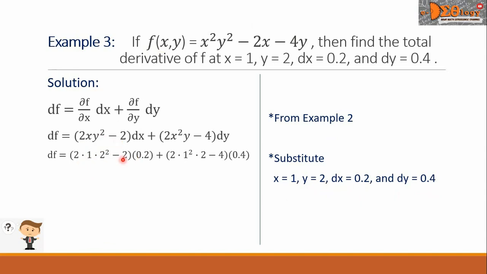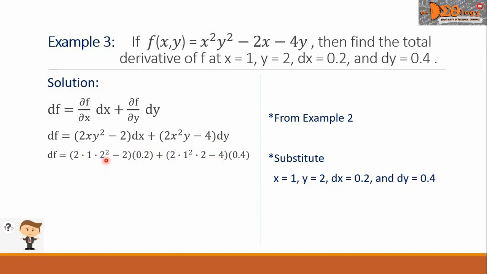Then we copy the minus 2, multiplied by dx, and we replace this by 0.2, plus 2x squared y becomes 2 times 1 squared times 2. Then we copy the negative 4, multiplied by dy, we replace dy by 0.4.